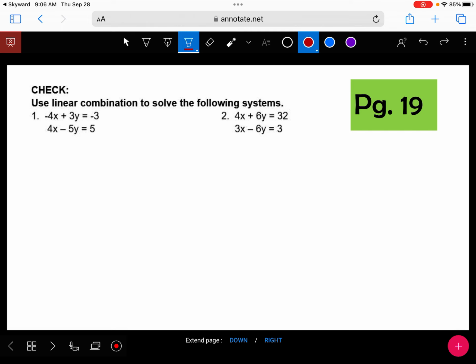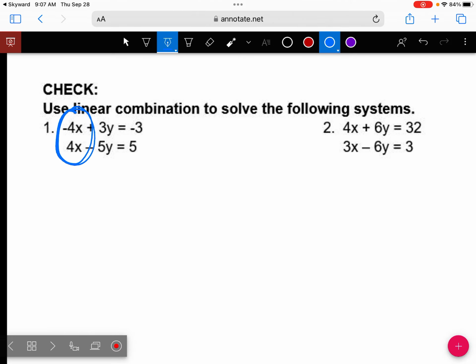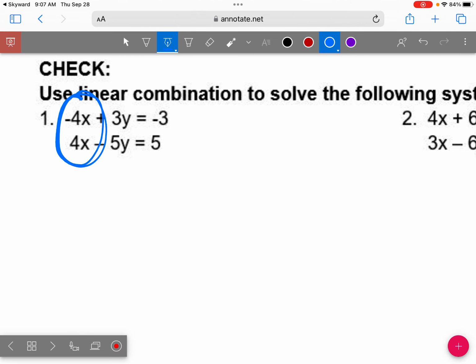So you need opposite coefficients. And notice here for this first one, these are already opposite. So because they're already opposite, you have a -4 and a +4, we can just add. We don't have to multiply.